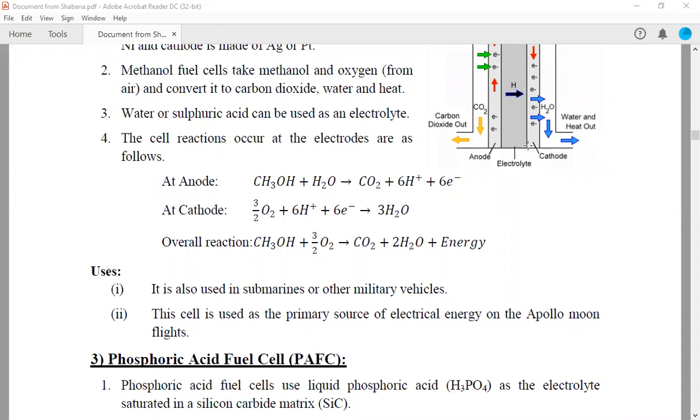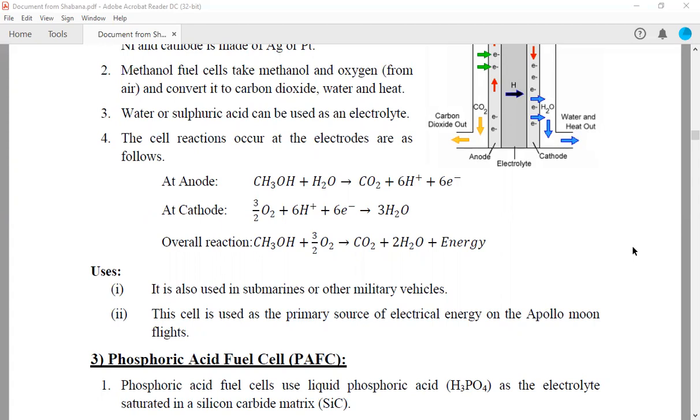In the last lecture, I discussed the two types of fuel cells: the hydrogen and oxygen fuel cell, and the methanol and oxygen fuel cell. Today's class, I want to discuss the phosphoric acid fuel cell, which is known as PAFC.